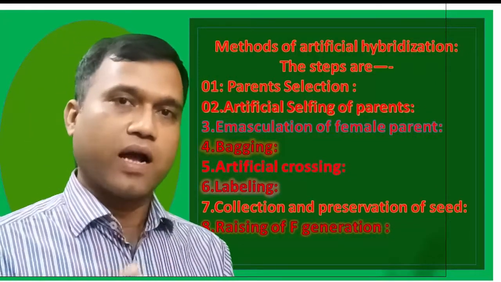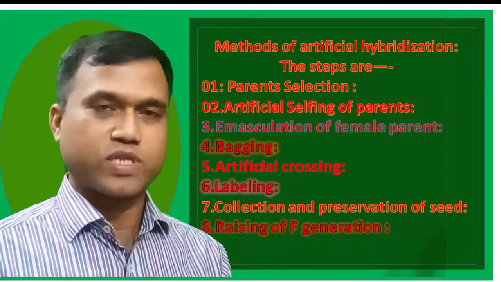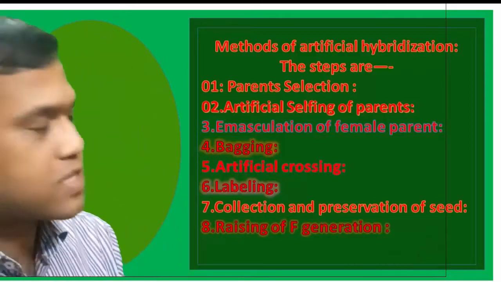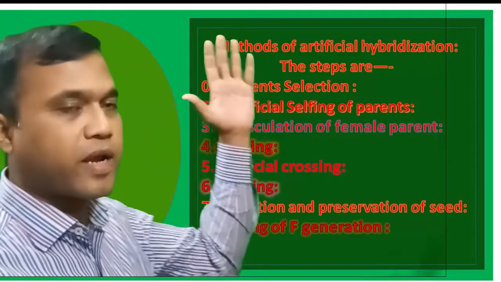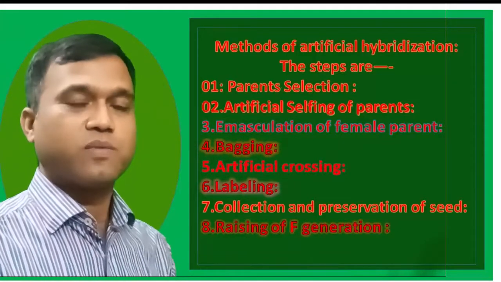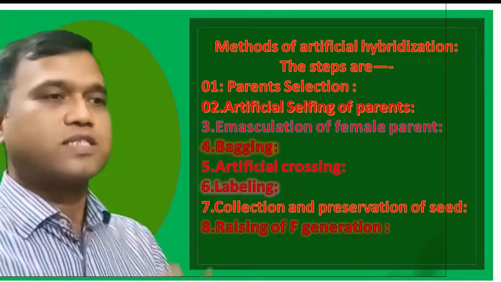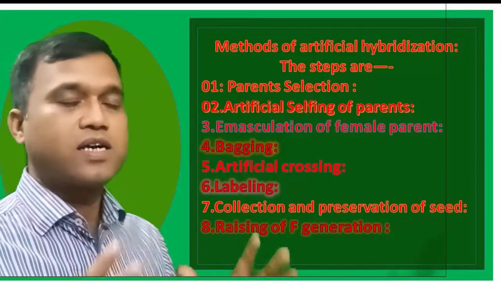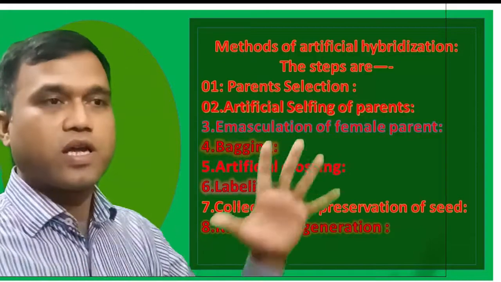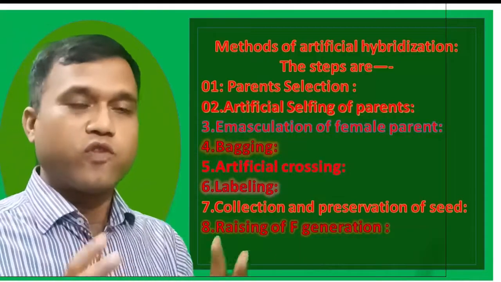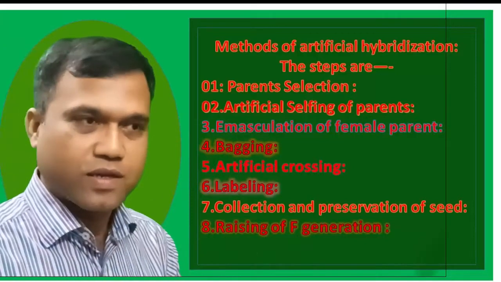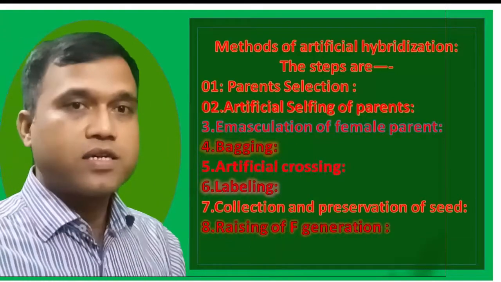This artificial hybridization process occurs step by step. The first step is to select parents, that means parent selection. The second step is the artificial selfing of parents. The third step, emasculation of female parents. Fourth step, bagging. Fifth step, artificial crossing.